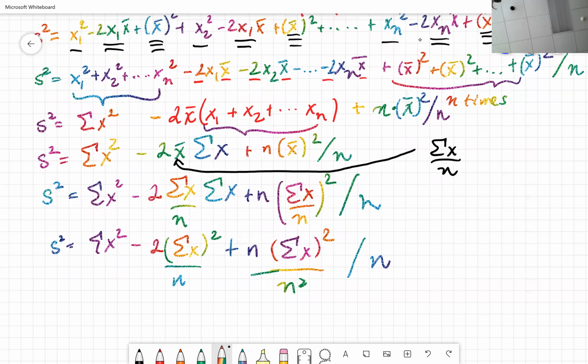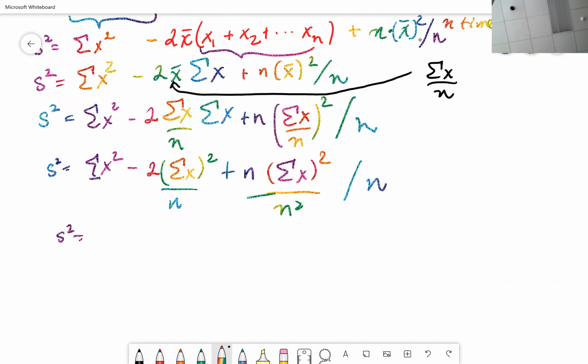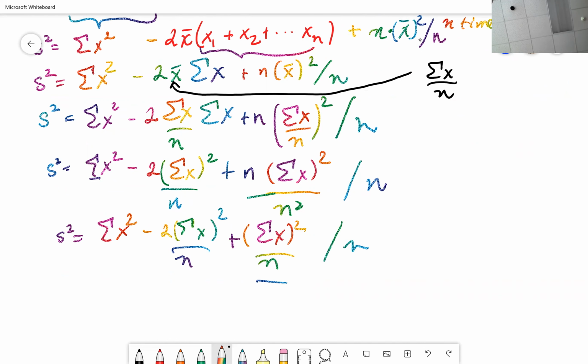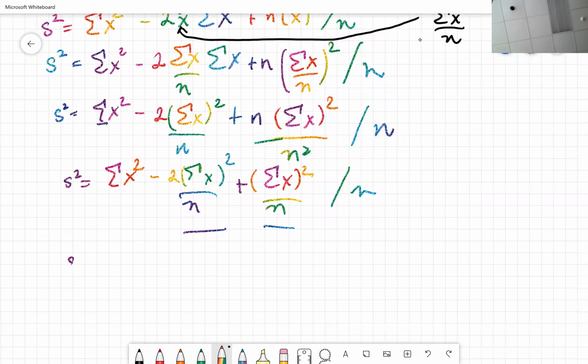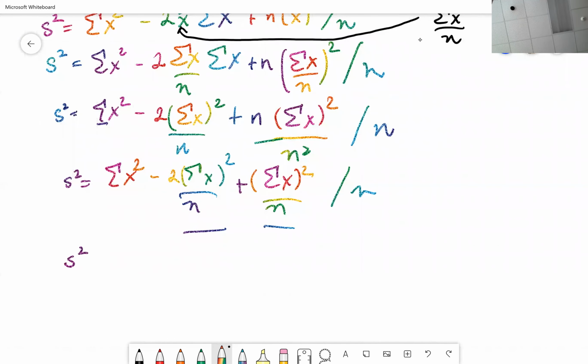And so now you have that s squared equals the sum of x squared minus 2 sum of x squared divided by n plus, and one of the n's canceled, and you're left with sum of x squared divided by n, all divided by n. And so if you combine like terms, you get that s squared is the sum of x squared minus the sum of x squared divided by n, but all this divided by n.